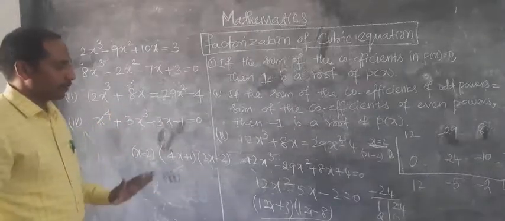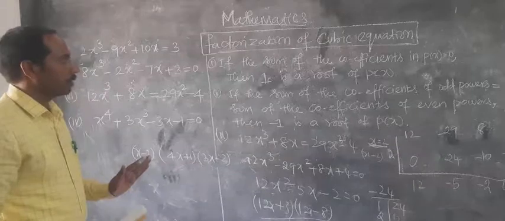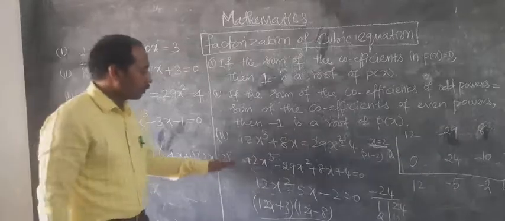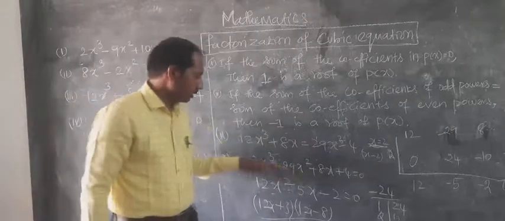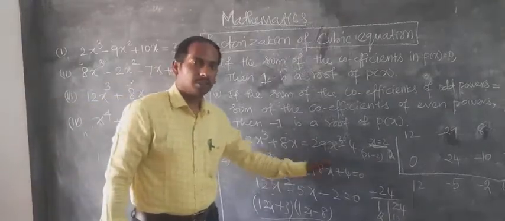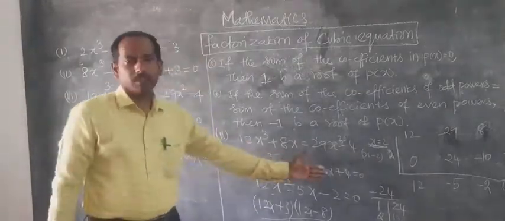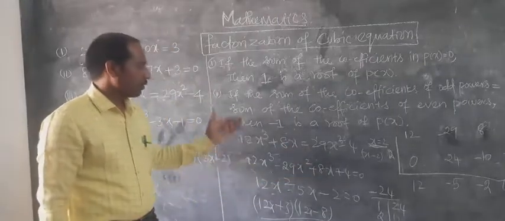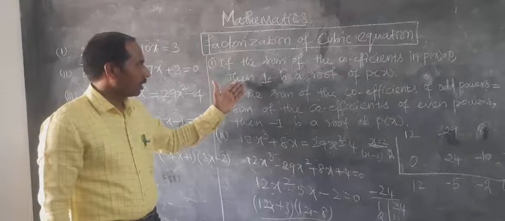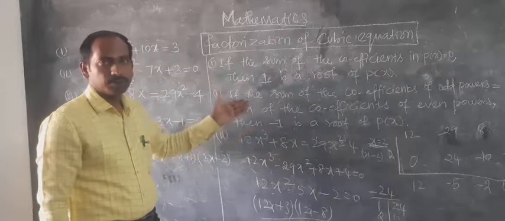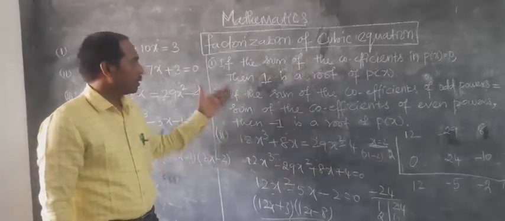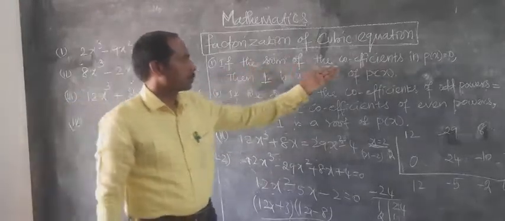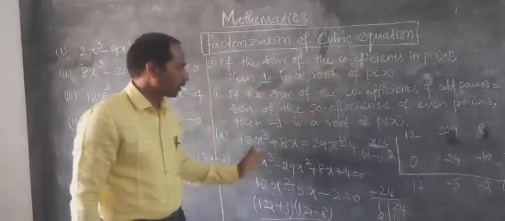So what is the main step when you find the factorization of cubic equations? You have to write the order always: 3, 2, 1, 0. The 0 means the constant. Then you have to verify whether 1 or minus 1 is a root or not. If 1 is a root, the point must satisfy the cubic equation.